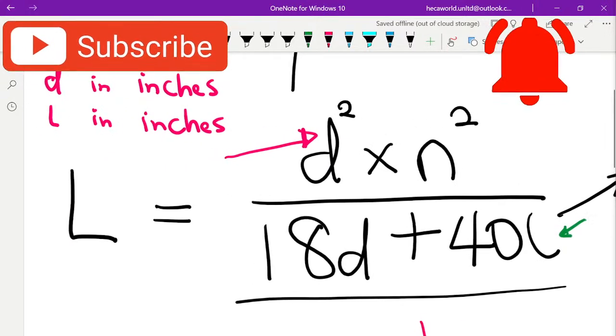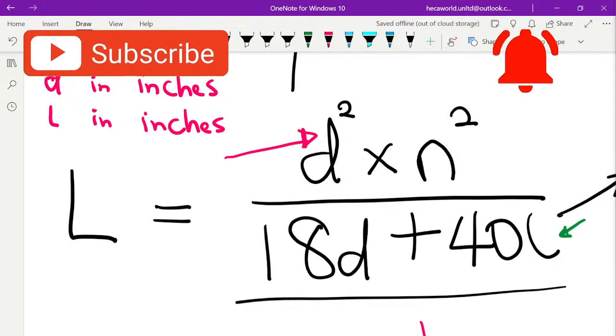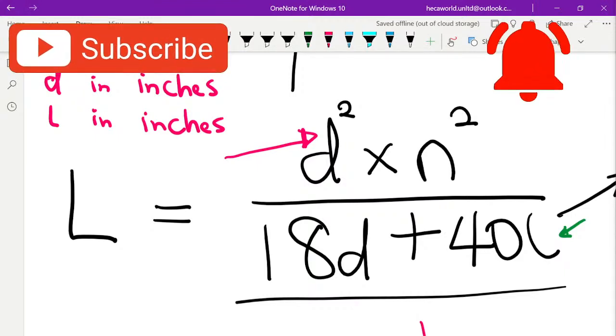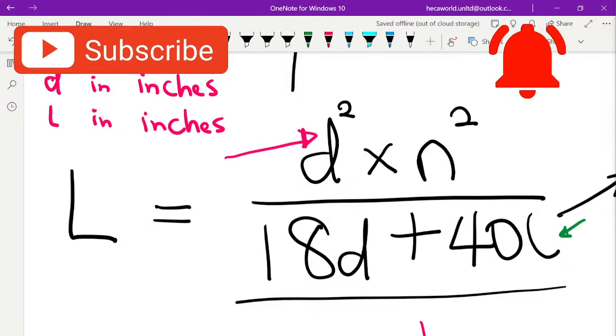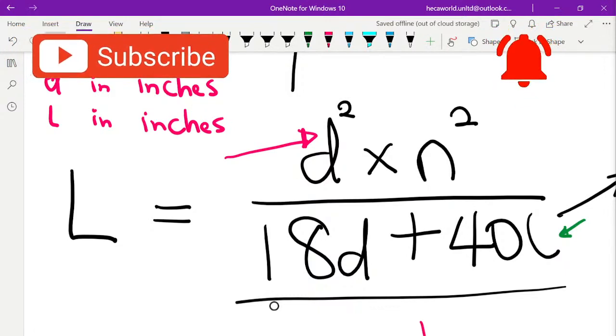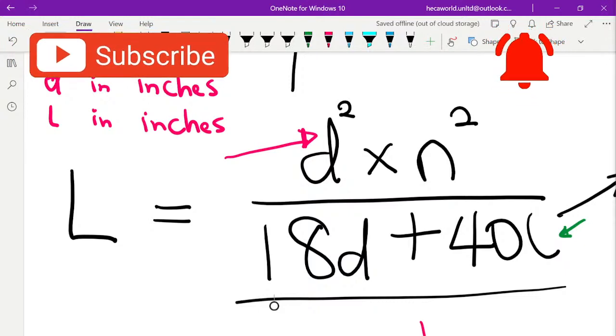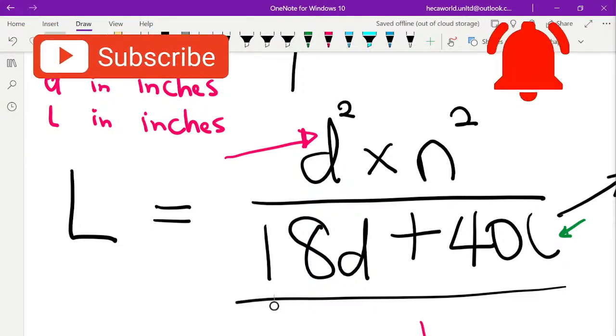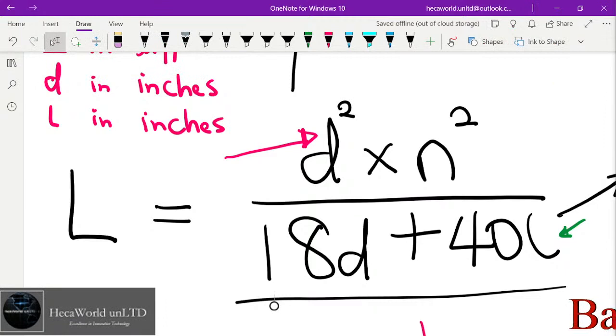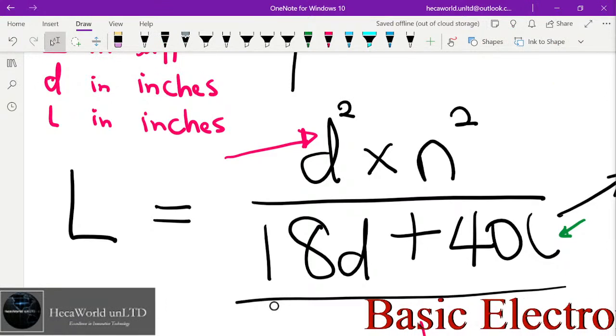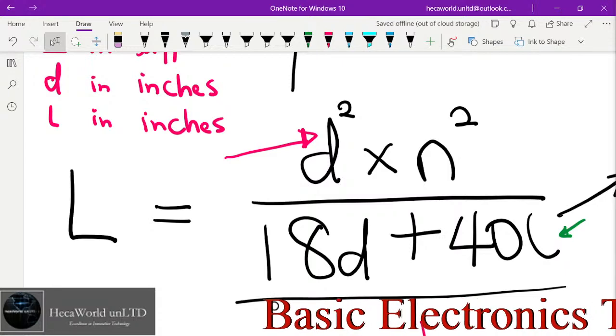My capital L, not the small l, is a function of D, N and l. 18 and 40 are all constants. So my L, my inductance, is a function of the diameter of the magnetic circuit, the number of turns, and the length of the magnetic circuit.